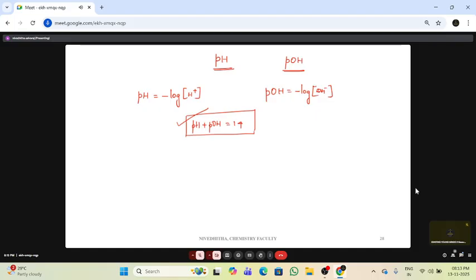Right. So to calculate the pH, we have to be very thorough with log values. So first we'll clear this logarithm part. I'll give you a few formulas and a few values to memorize. Please memorize that. Based on these values, we can always calculate log, anti-log, everything.